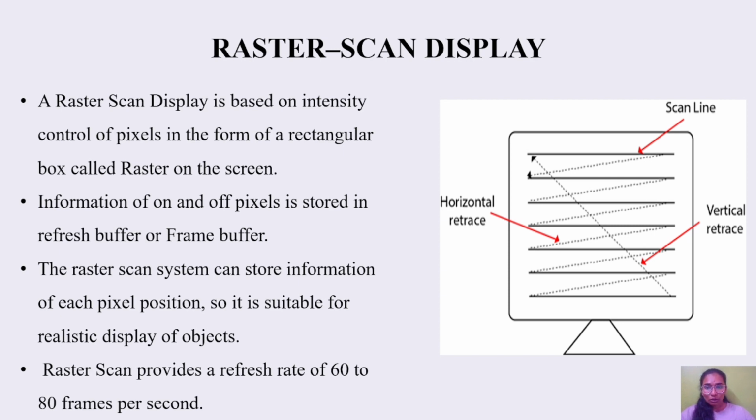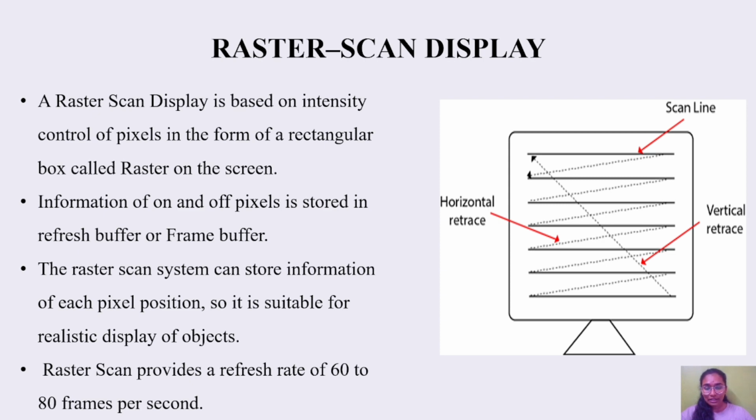Information of on and off pixels is stored in the refresh buffer or frame buffer. The raster scan system can store information of each pixel position, so it is suitable for realistic display of objects. Each screen point is referred to as a pixel or picture element.